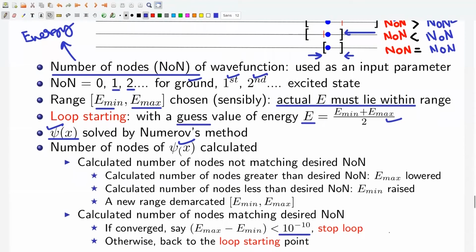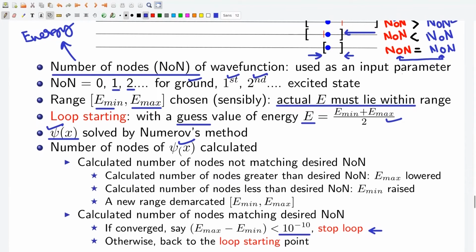At that point, I say that the wave function has converged because the lower limit and upper limit are very close to each other, and also the number of nodes matches the desired number of nodes that I set initially.